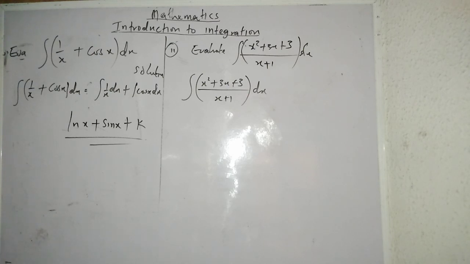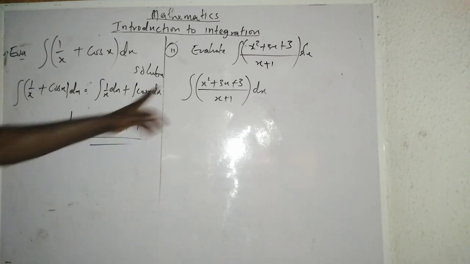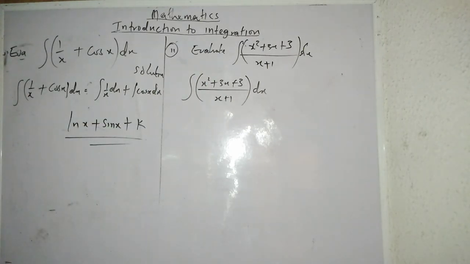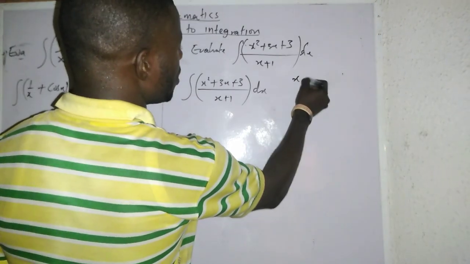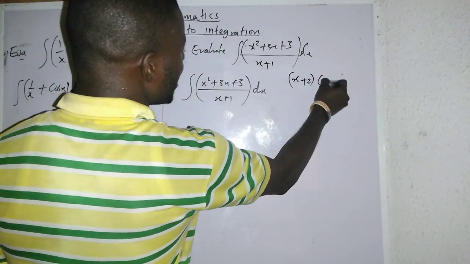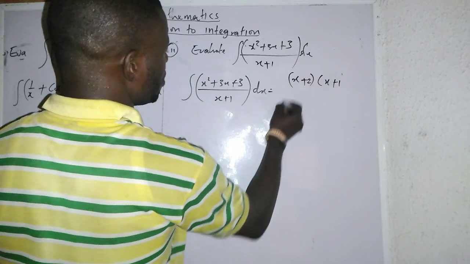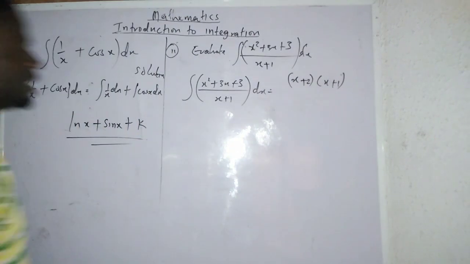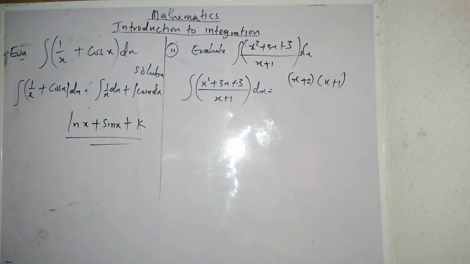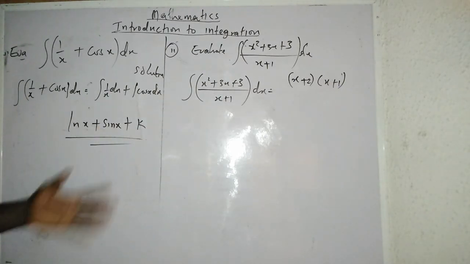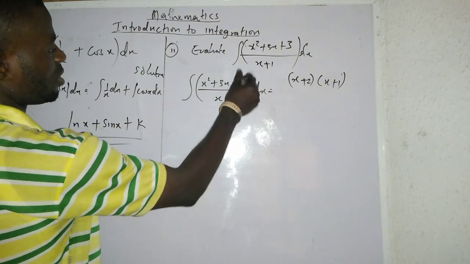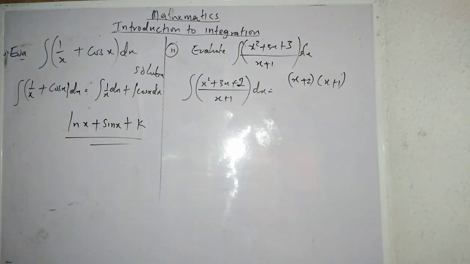My factors of 3, a prime number, mean I'll be working around with 1 and 3. If I put 1 here, can it be equal to it? I'm trying to factorize. It means my x plus 2, my x plus 1. Open this bracket, I will get x squared. Sorry, I made a mistake, the question must be 2 here.